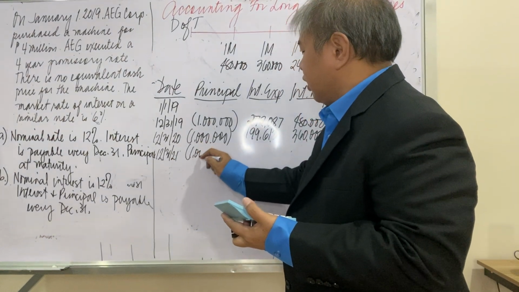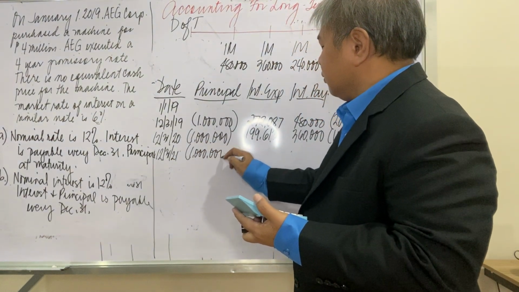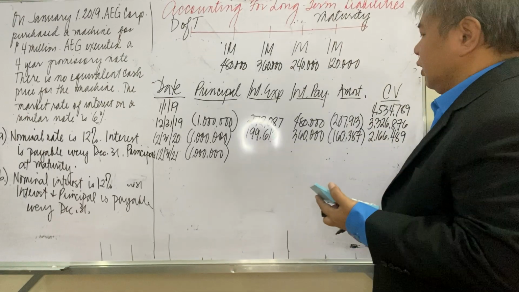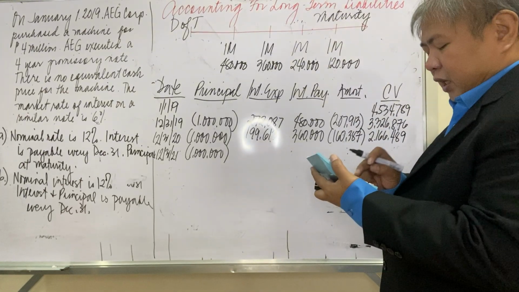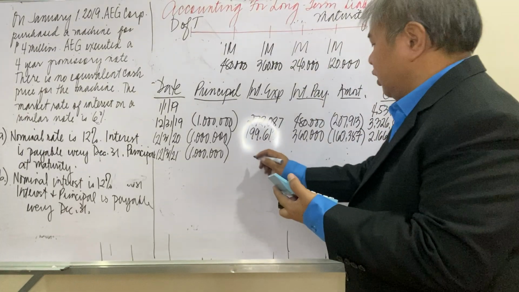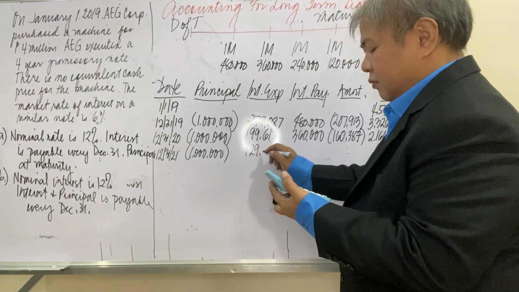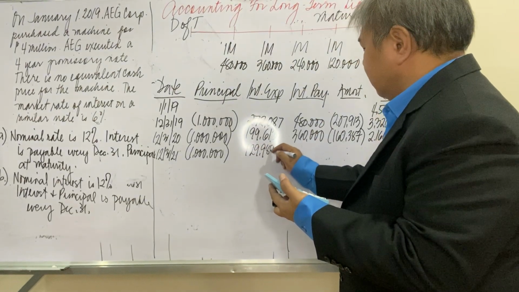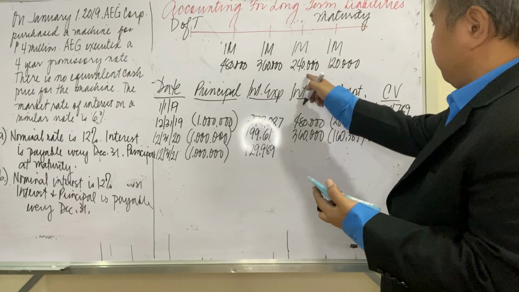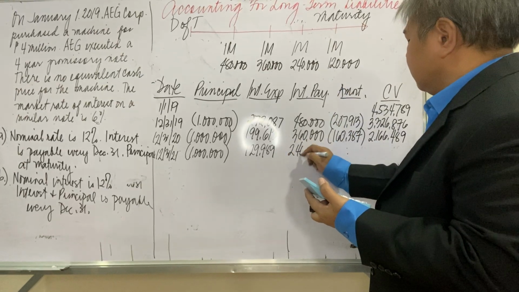So December 31st, 2021. Again, this is 1 million pesos. And then the interest expense times 0.06. So this is 129,989. And the interest payment is 240,000.